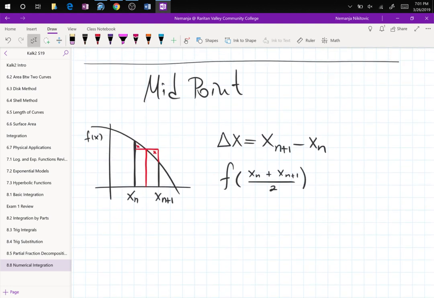So now, what's the formula? Well, the formula, remember, you are starting with x0. You are going to end up with xn at the end. And along the way, you have delta x as a spacing in between.